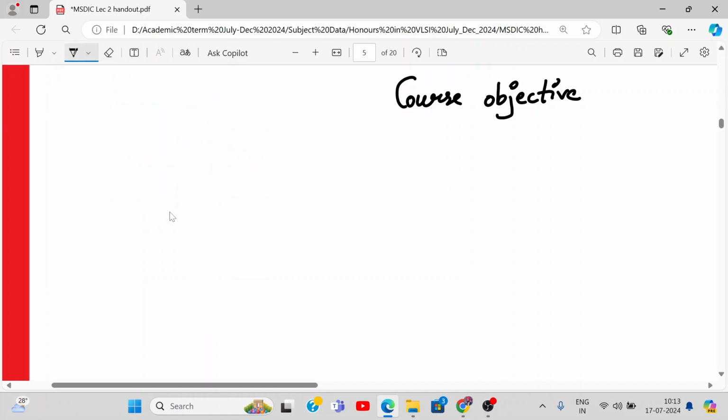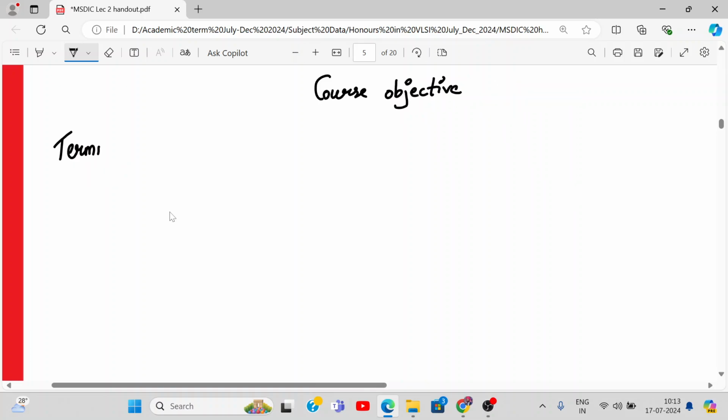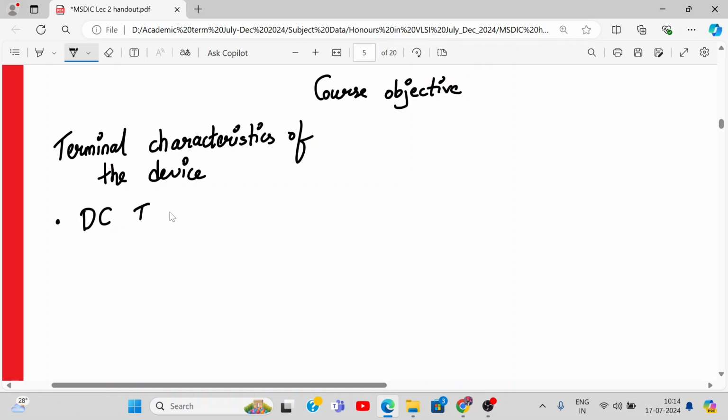The first domain is the terminal characteristics of the devices. Under terminal characteristics of the device, we have DC IV characteristics. This is the important characteristic of interest.